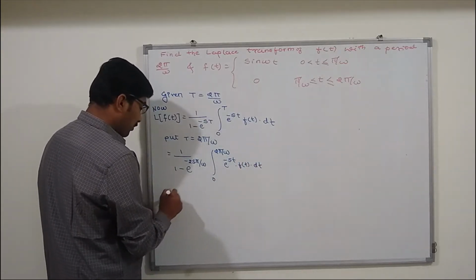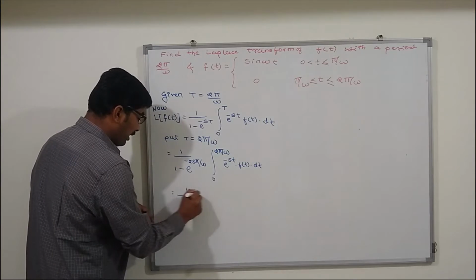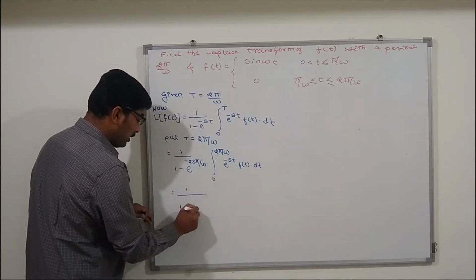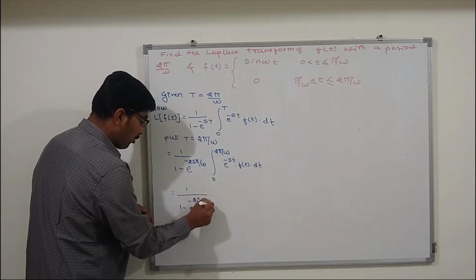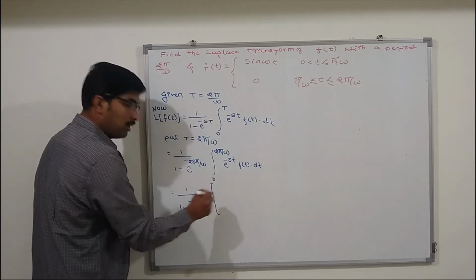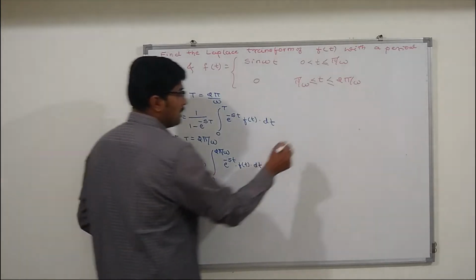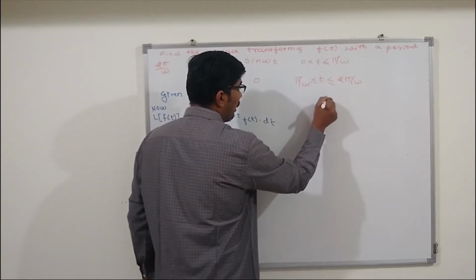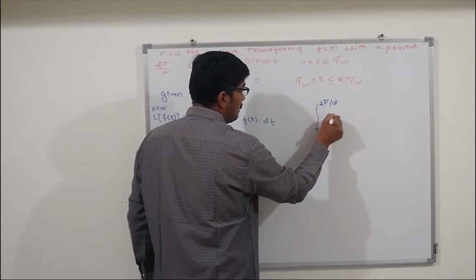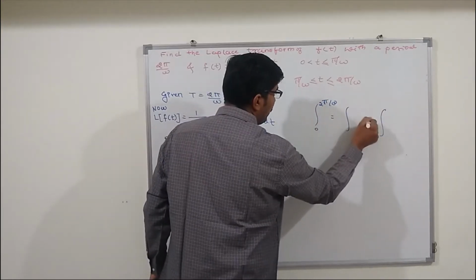I will write 1 divided by 1 minus e raised to minus 2 pi s by omega outside.